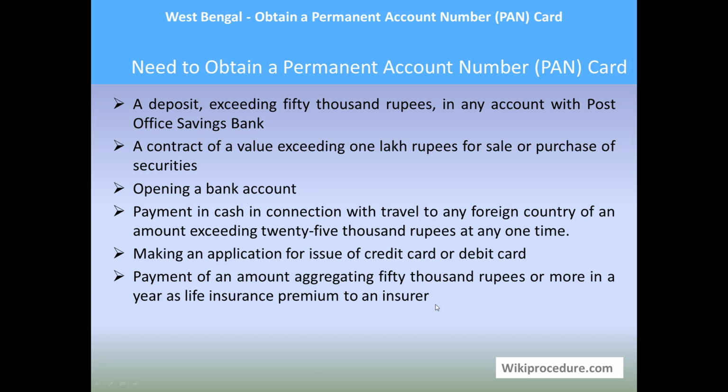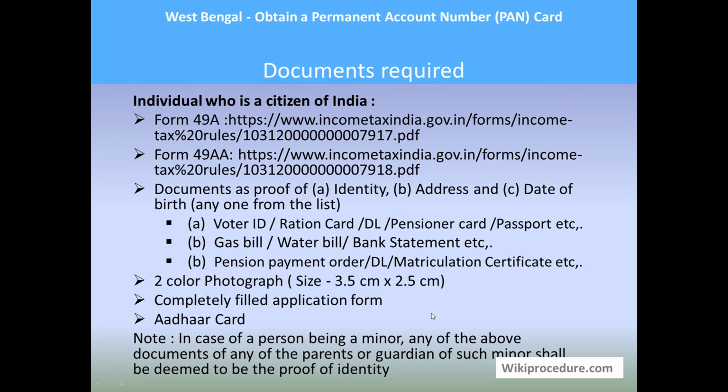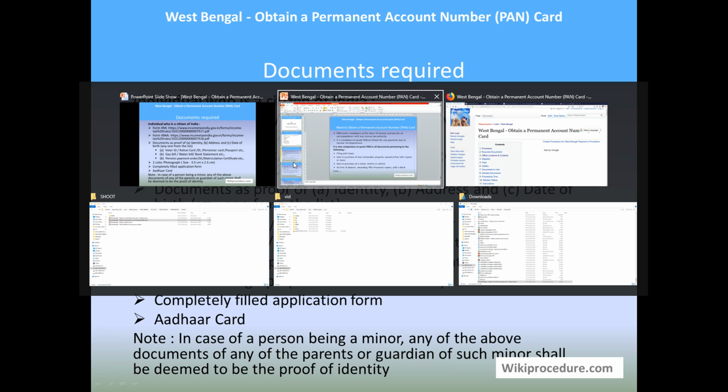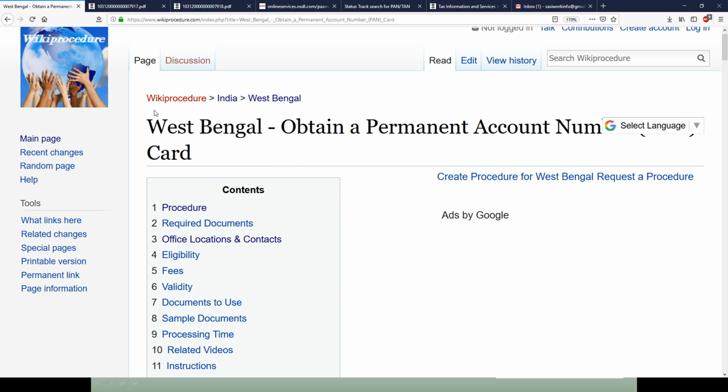Here you need to provide the PAN details. Documents required: individuals who are citizens of India can apply with the following procedure. You need to get form 49A, and there is another form 49AA, which I will show you the link for first and explain about them.